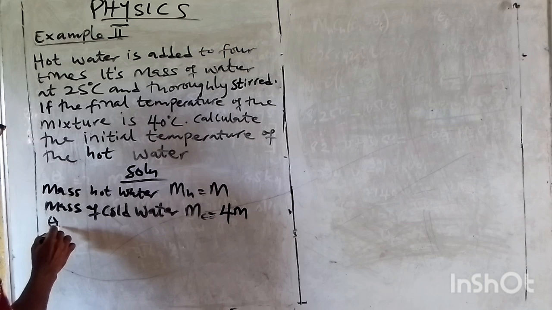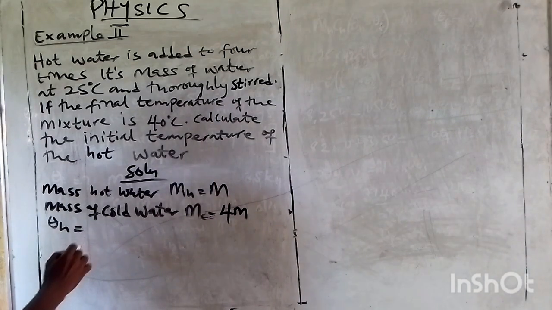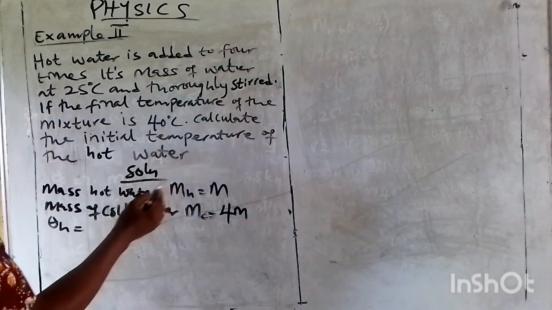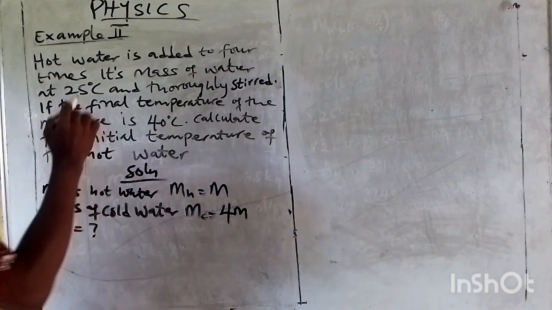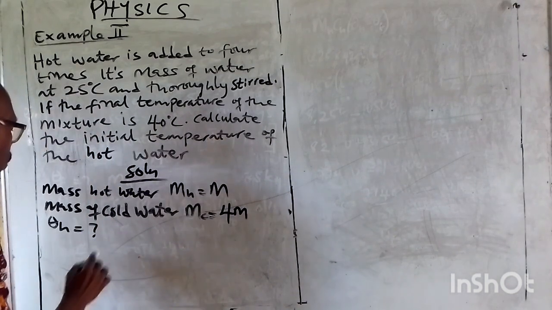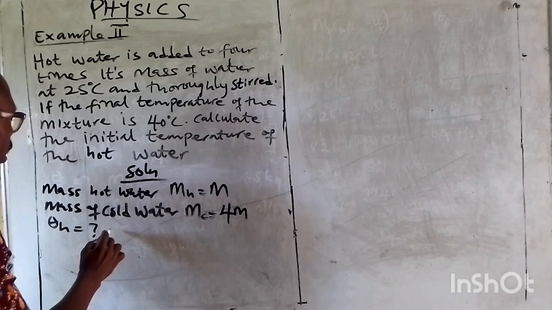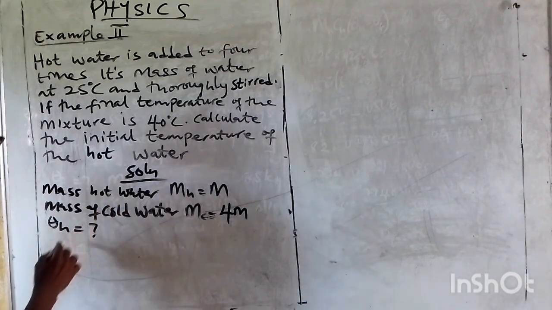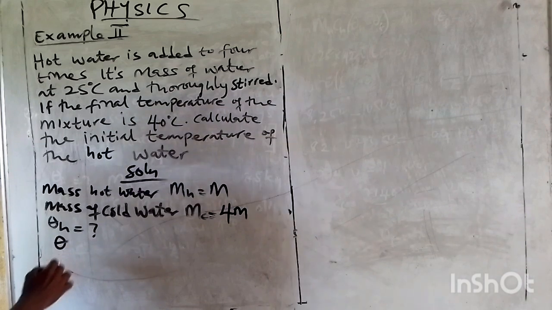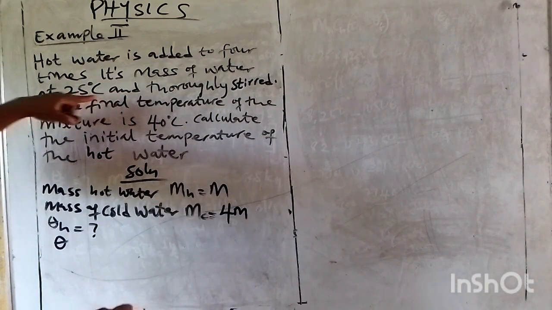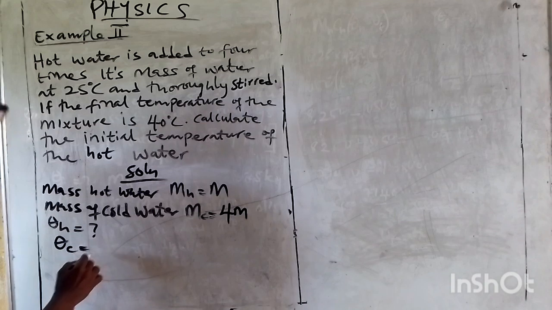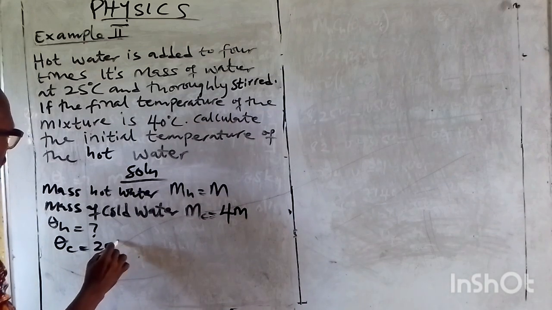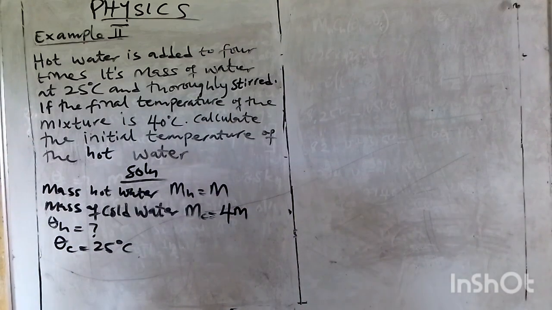Temperature of hot water, of course, is what we are looking for. This is theta H. Then the temperature of cold water is 25 degrees Celsius.